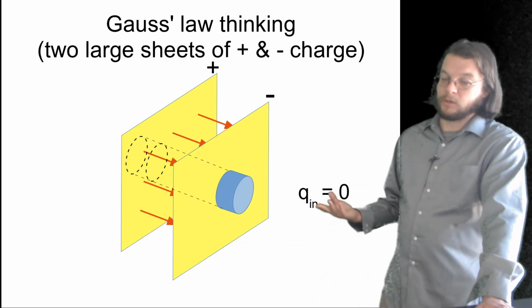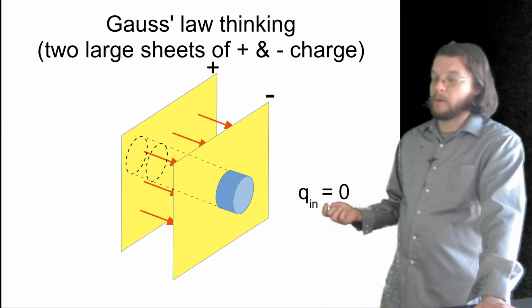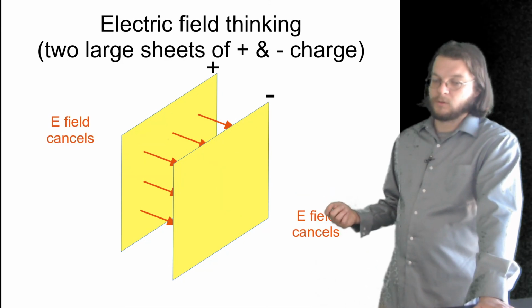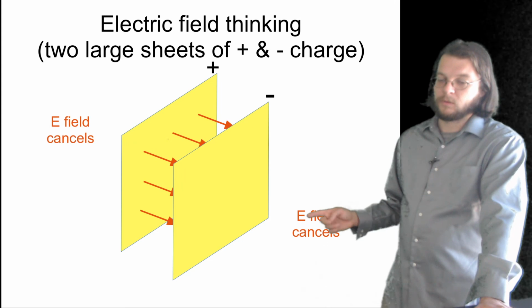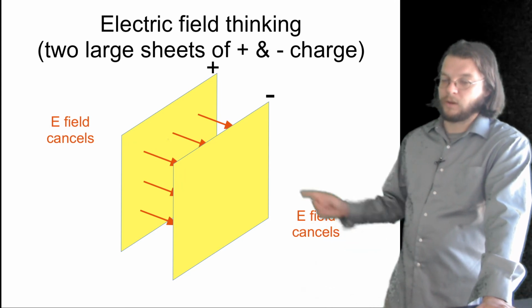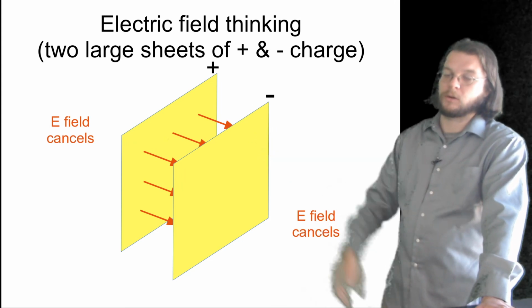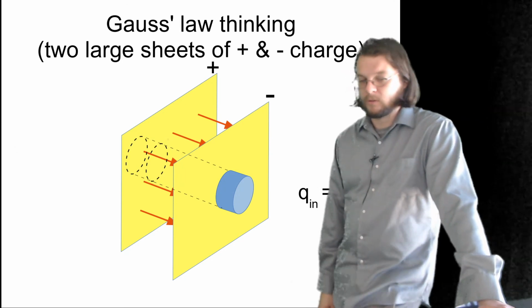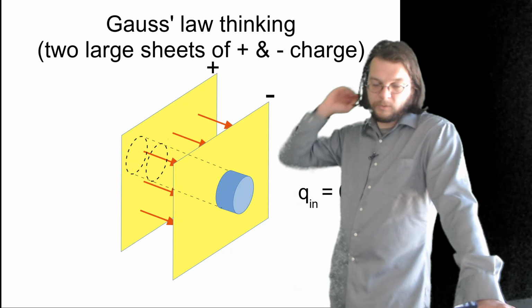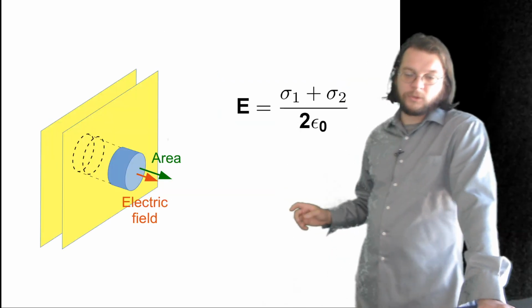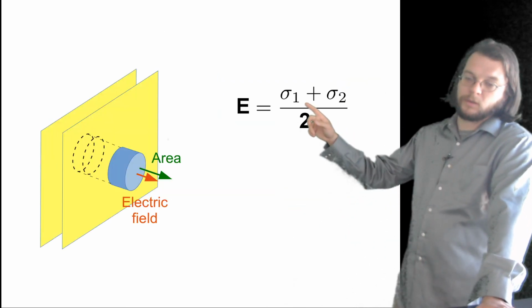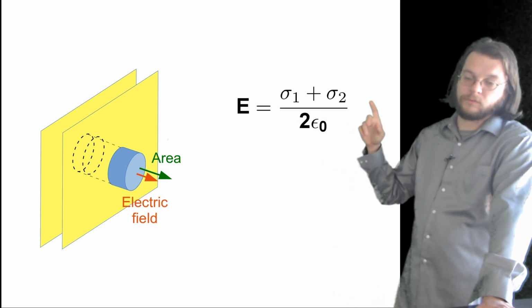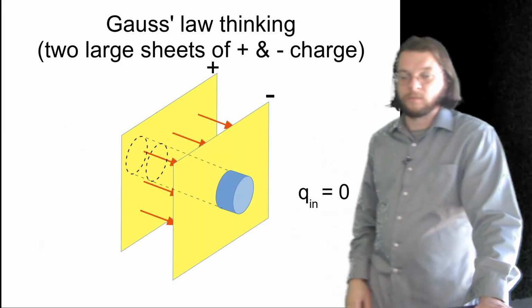If the charge enclosed is 0, that tells us that the electric field is 0. And so part of the reason why the electric field cancels out here if you have a positive and negative sheet is that the Gauss's law analysis tells you that that would be true. So a more general way of writing this equation would be like this. So if this is the negative of that, you end up with 0.